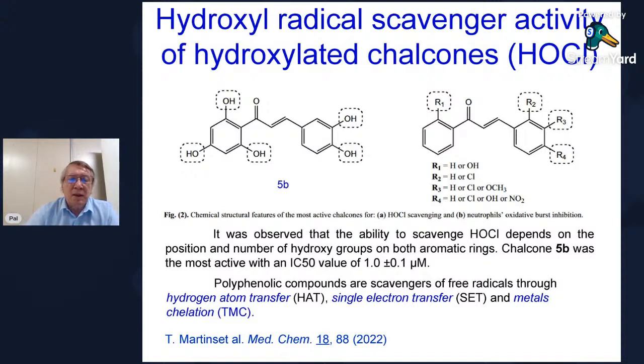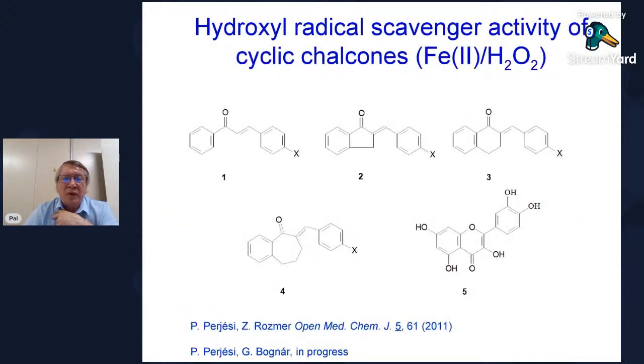So this is the general approach to increase the hydroxyl radical scavenger activity of chalcones and chalcone analogs.